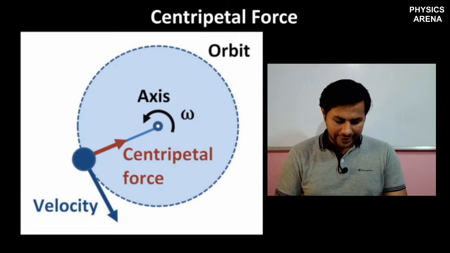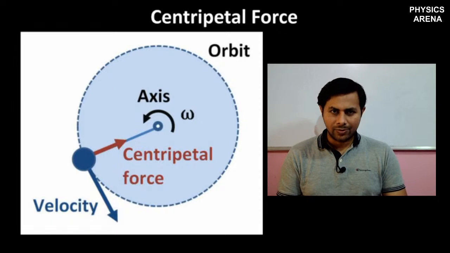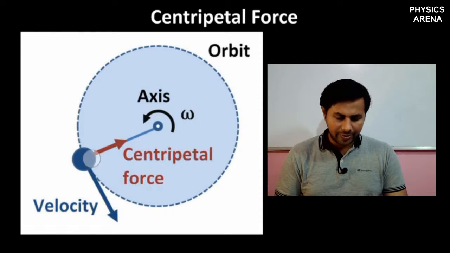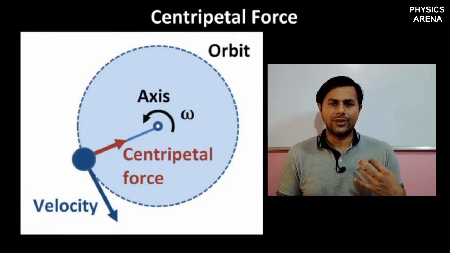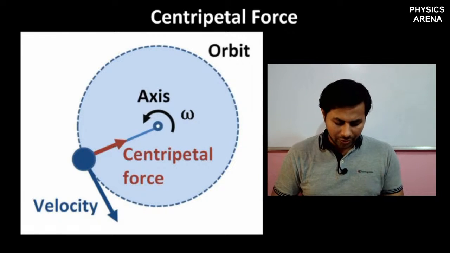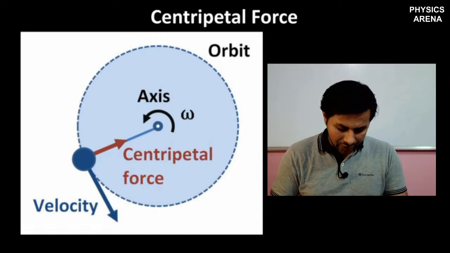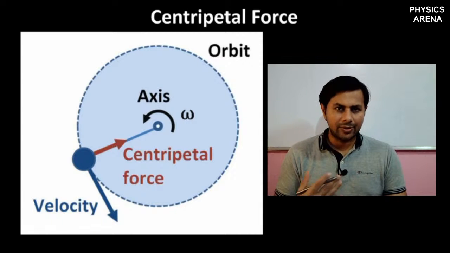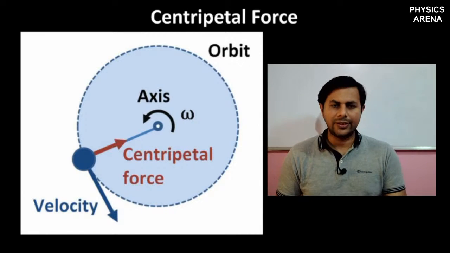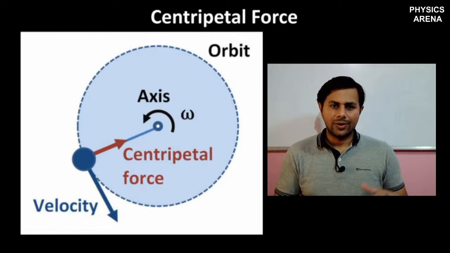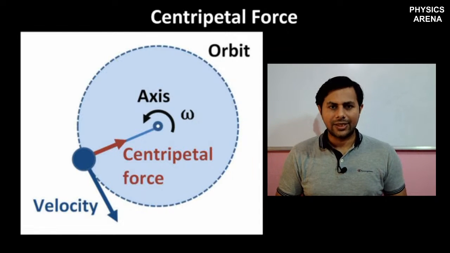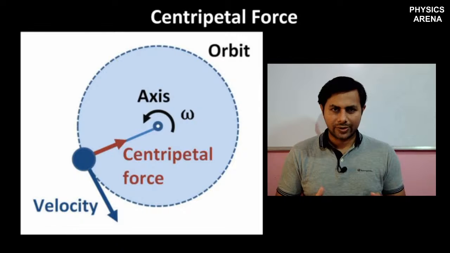Because we know that circular motion is an accelerated motion, so there must be some force acting on this object to cause that acceleration. There is always a centripetal acceleration acting on objects performing circular motion. Centripetal means directed along the radius and toward the center. So the force which causes that acceleration is known as the centripetal force. And this is a real force.